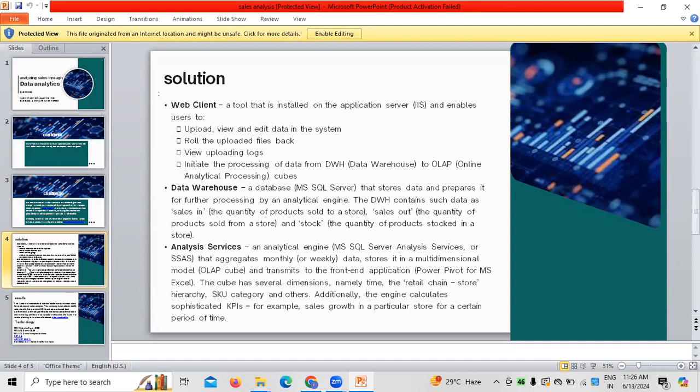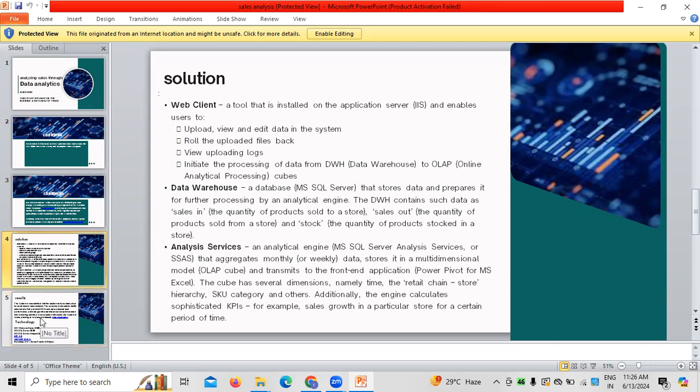These cubes have different dimensions for retail chains. For example, if you want to take sales growth in a particular store for a certain period of time, all of this can be addressed by the analysis services in the solution.